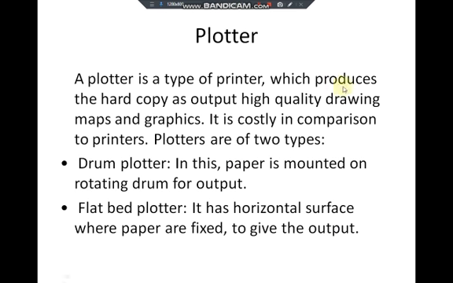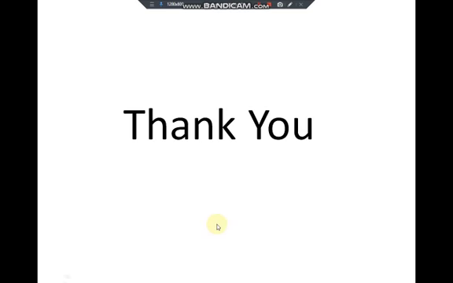You can say these are printers producing very high quality output for heavy volumes of printing, with a rotating drum or a fixed bed. Okay, for today's video we have this much only, and hence the chapter is also completed.